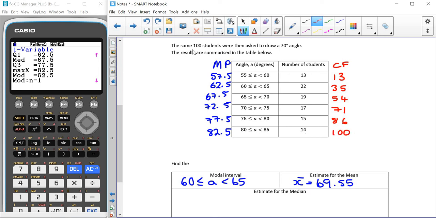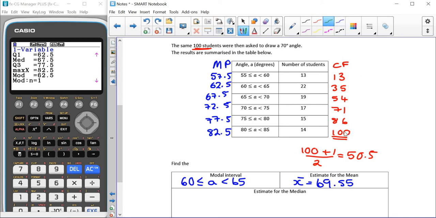And remember that you can double check in the question, did it tell me how many I had? In this case, it did. We had 100 again. And that's how I know that this is the right number. For what piece of data we're going to be looking at, remember that we do whatever the maximum number here is, plus 1 divided by 2, which happens to give me 50.5 again.